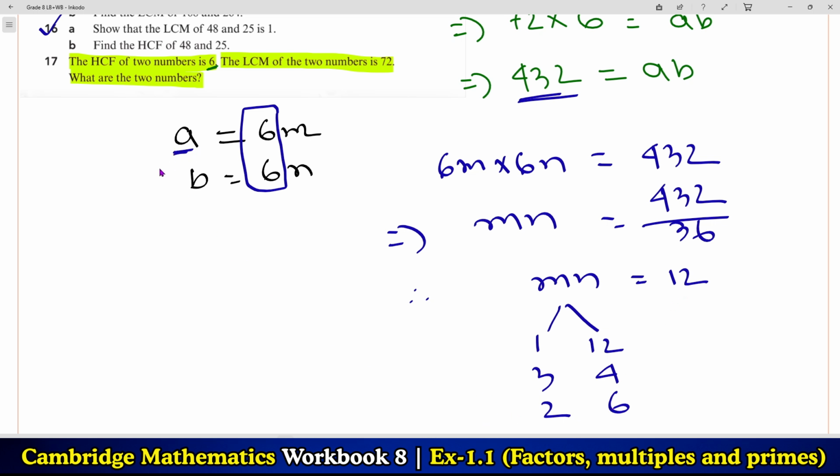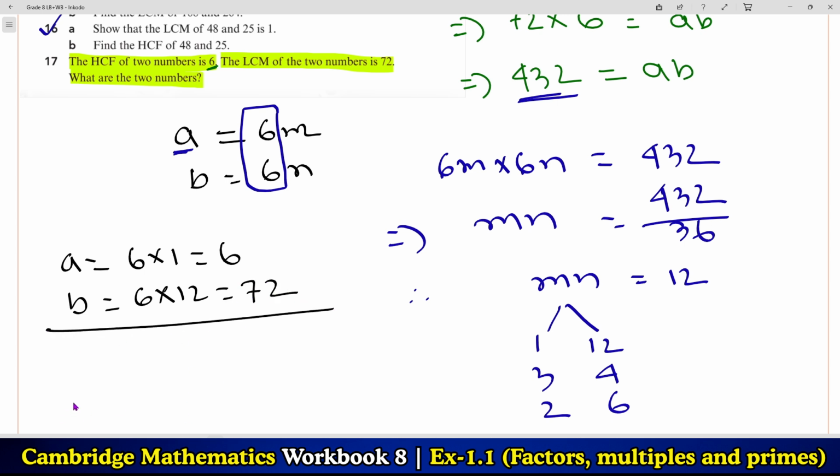So A, what will be the result? We can put this in here. If A equals 6 times 1, it means 6. In this case B equals 6 times 12, it means 72. That's one combination.